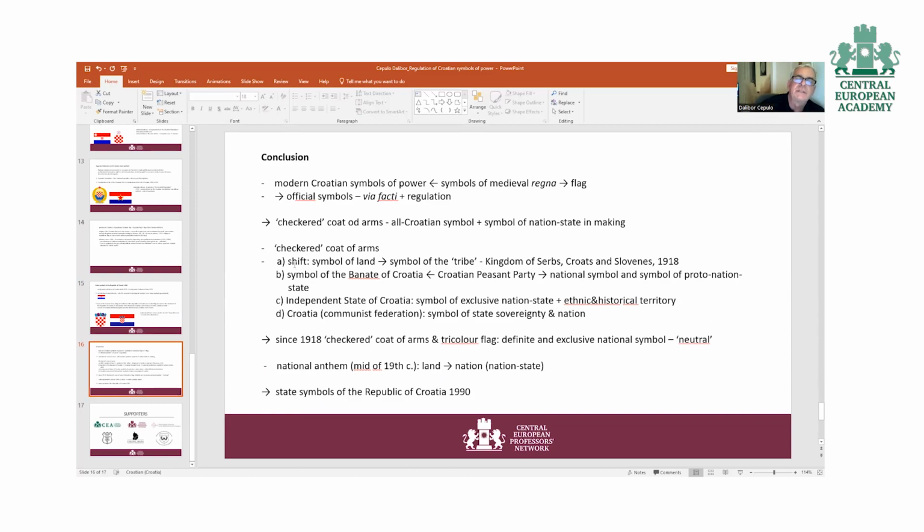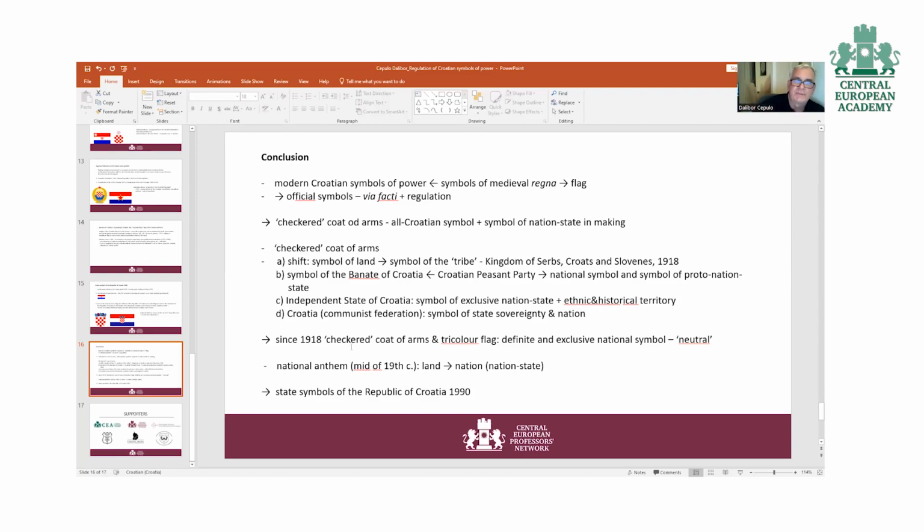This coat of arms was accepted as the official symbol of the Kingdom of Serbs, Croats, and Slovenes, the official symbol of the Banate of Croatia, the official symbol of the independent state of Croatia, and of the Communist Republic of Croatia. It proved itself, its basis, because there were details that were different, but its raw basis, so to say, proved itself as the neutral symbol of this nation state.